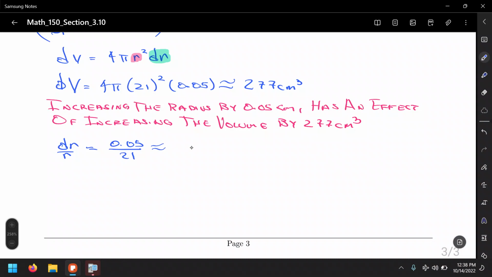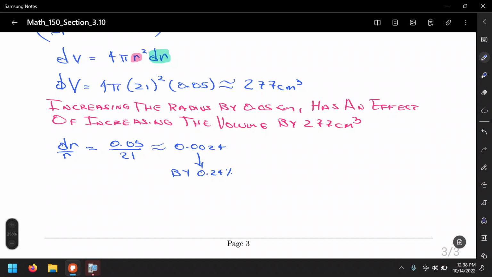And using a calculator, this should give us approximately 0.0024. All right? So when we add 0.05 centimeters to an already 21 centimeter radius sphere, we are increasing the radius by 0.24%. So we're making it 0.24% bigger about the radius.